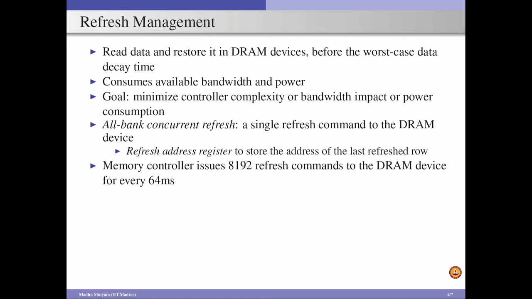But these days we are getting DRAM DIMMs with higher and higher capacity, for example a DIMM with 32 gigabits of capacity. So as we want to increase the capacity of a DRAM device, we have to increase the number of rows inside a DRAM bank.